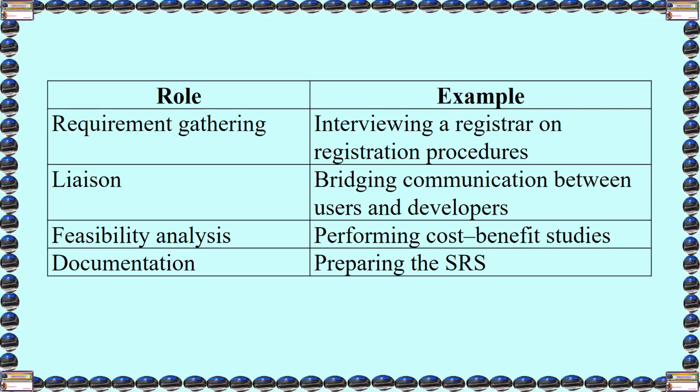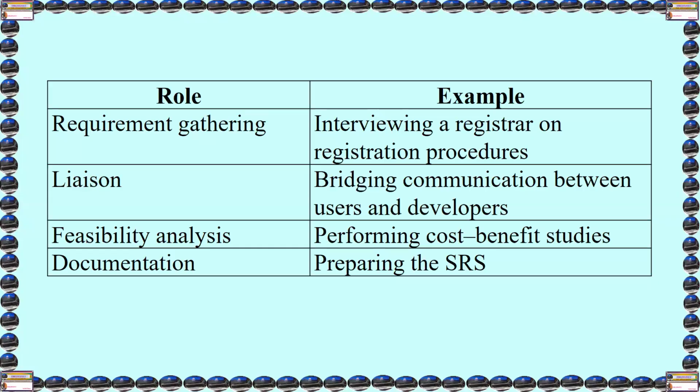Number 1 is requirement gathering, for example, interviewing a registrar on registration procedures. Number 2, acting as a liaison officer, that is, bridging communication between the users and developers. Number 3, carrying out feasibility analysis. What is that?